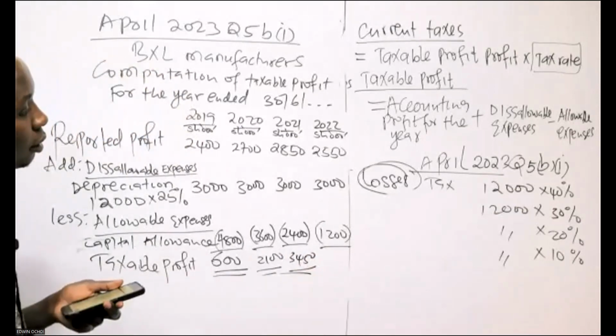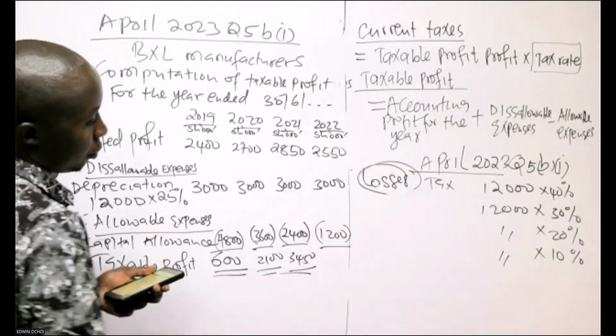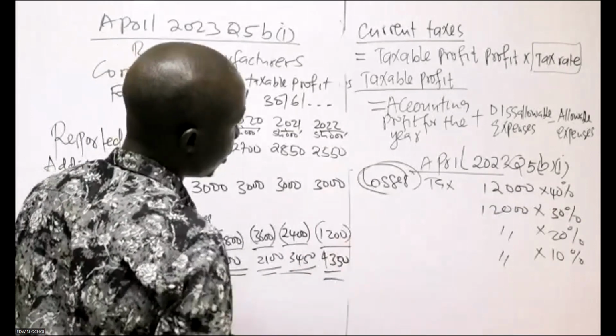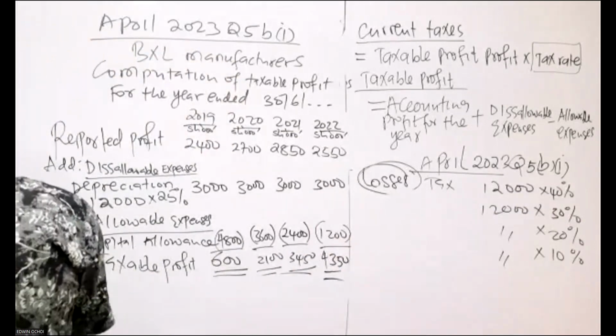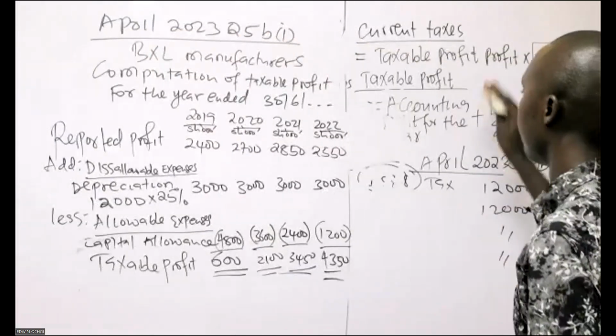And the last one is 5,550 minus 1,200, 4,350. So that is fine. That is how you are supposed to determine the taxable profit.